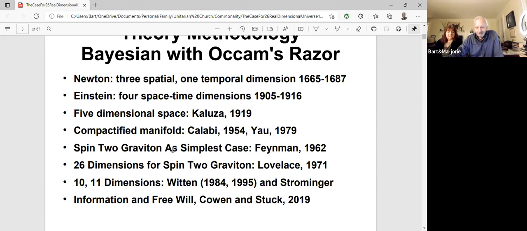And then we had 2 key theoretical activities, one by Richard Feynman, who was one of the great physicists of the 20th century. He tried to figure out what would happen if you really had a quantum particle called a graviton that carried the force of gravity. It could only have spins that were integer numbers, 0, 1, 2, 3, 4.